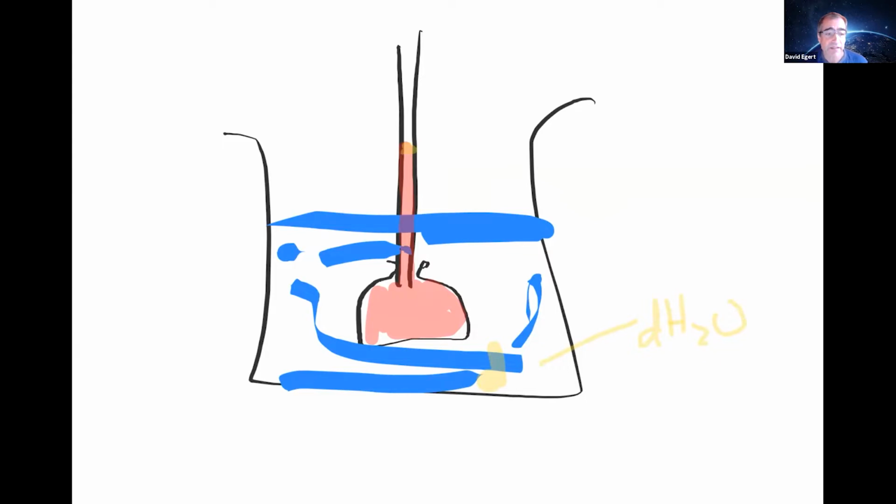And then I could ask, can my red solute penetrate the dialysis tubing membrane? Yes or no, and how do you know?